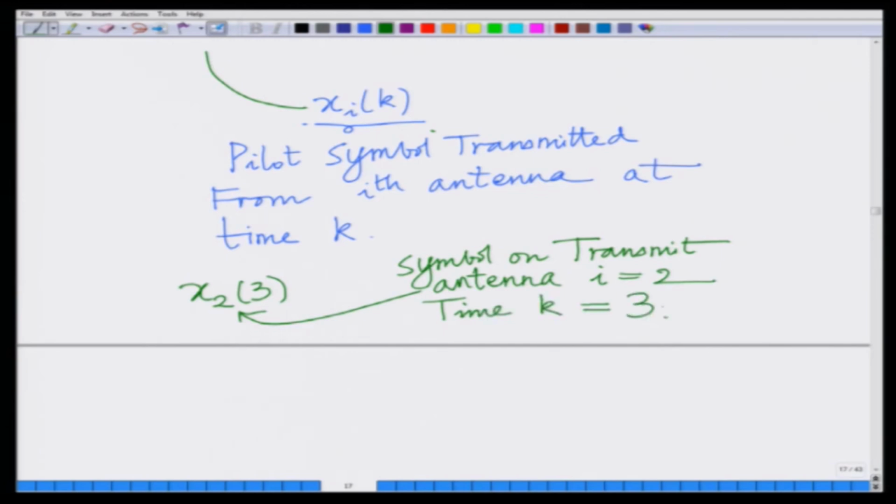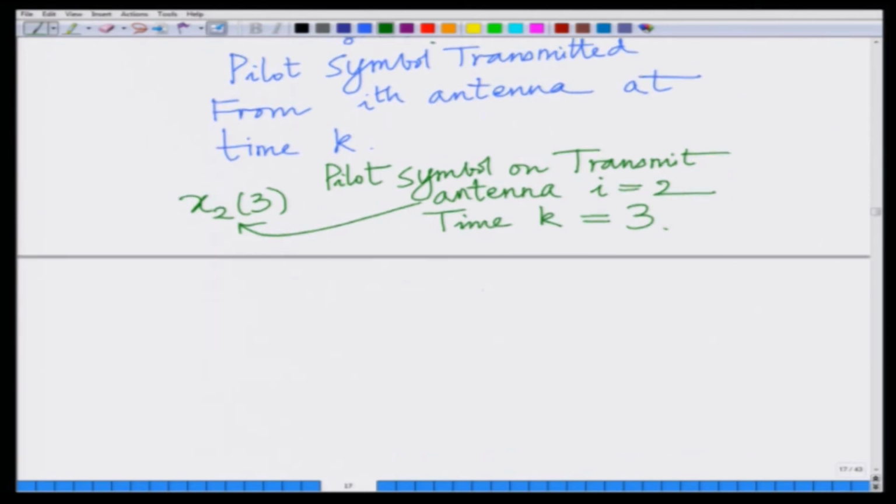That is, x2 of 3 is the pilot symbol transmitted on transmit antenna 2 at time instant 3.